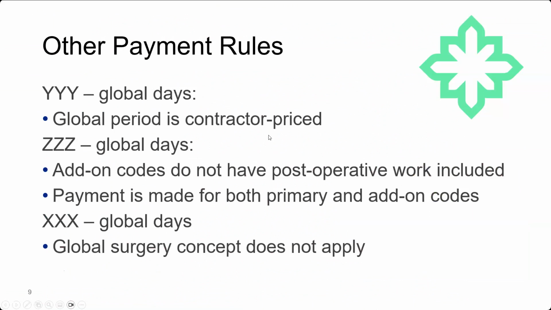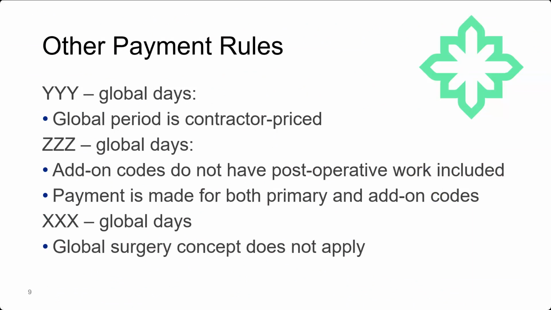There are a couple other payment rules, and somebody did ask about one of these, so I thought I'm going to put a slide in just so you're aware. And this is where the question came in. What does contractor priced mean? It means that we are going to require documentation in order to even figure out the pricing for that procedure code. The pricing involves what is the procedure.